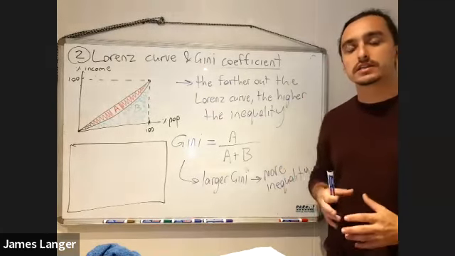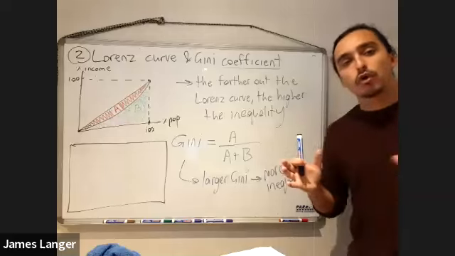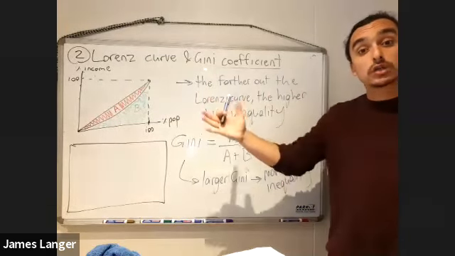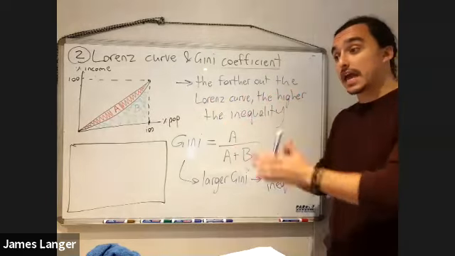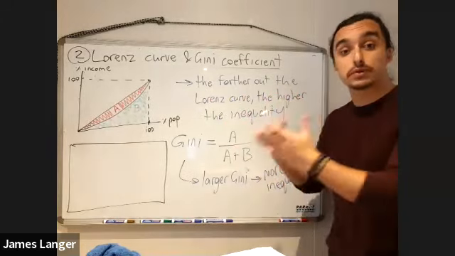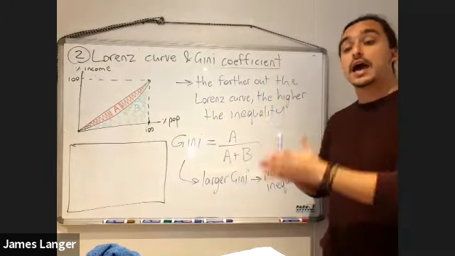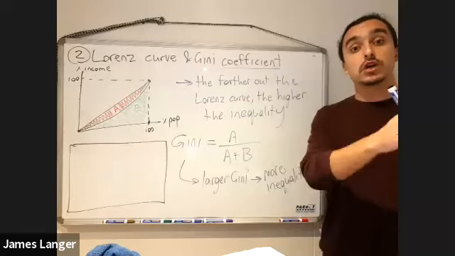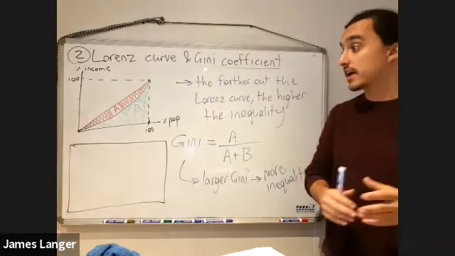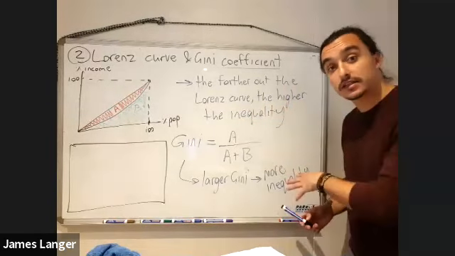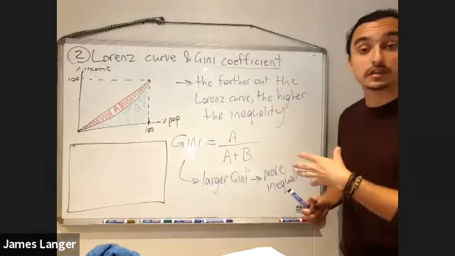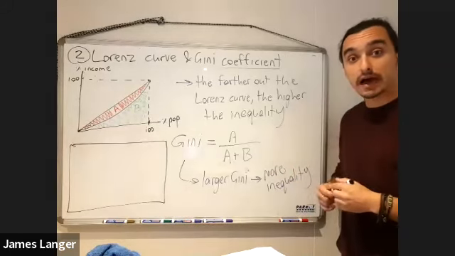What you would want to do then is sum up all the income and say, what's the total income in the economy? And then calculate, all right, person A earned 10 Rand, what's the percentage of the total income? And you calculate the percentage that everyone's earning. Once you've done that, you would be able to plot the Lorenz curve, and you would be able to calculate the Gini coefficient using some geometry and some maths, okay?